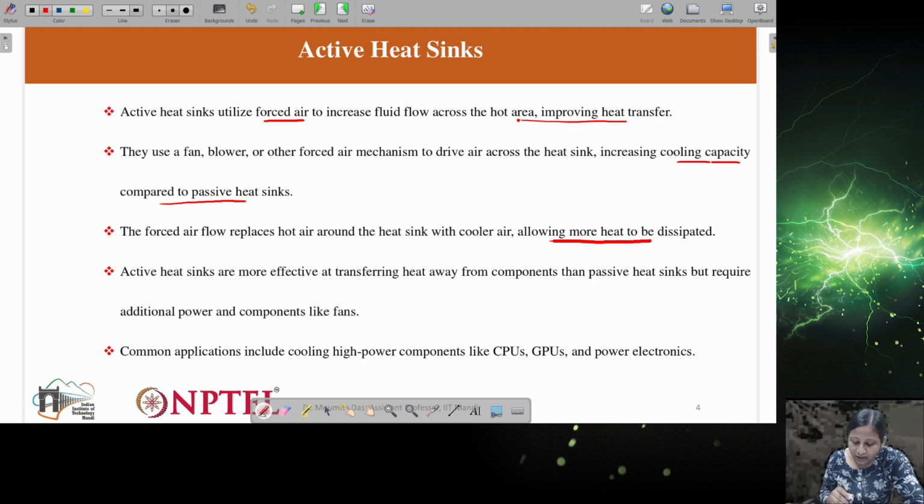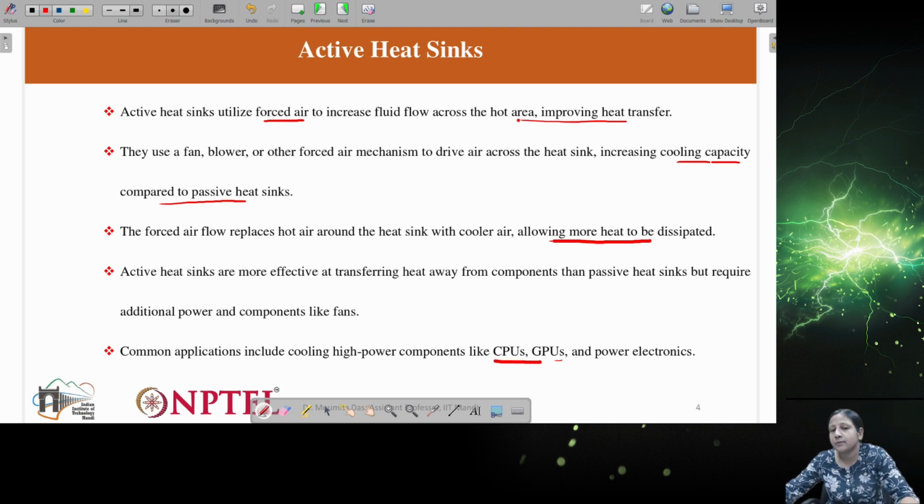Now these active heatsinks are more effective at transferring heat away from components, though unlike passive heatsinks they require additional power for components like a fan. Common applications include cooling high power components like CPUs, GPUs and power electronics. In CPUs, probably you have seen, there is already a fan connected along with the actual heatsink.